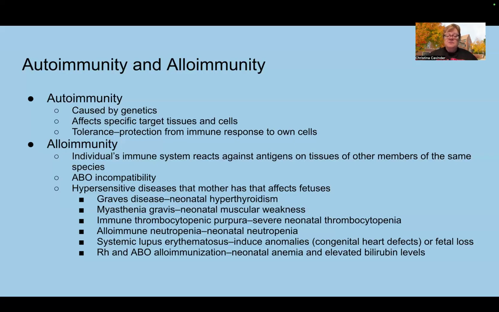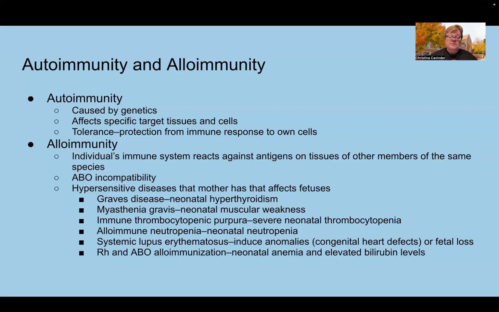So there are some hypersensitivity diseases where the mom's disease process will affect the fetus. In Graves' disease, if mom has Graves' disease during pregnancy, it can cause neonatal hyperthyroidism. Myasthenia gravis can cause neonatal muscular weakness.